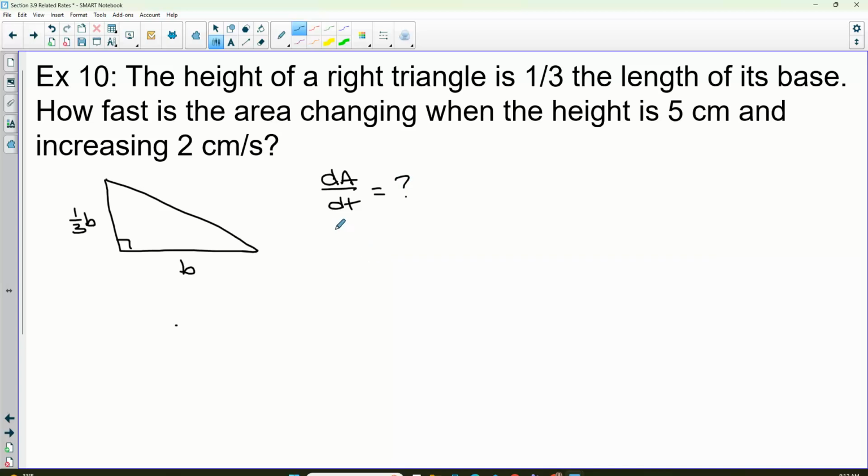When the height is 5, so my h is 5, and increasing 2 centimeters per second, so my dh dt is 2. Did you guys get these labels correct? What's the area of a triangle?